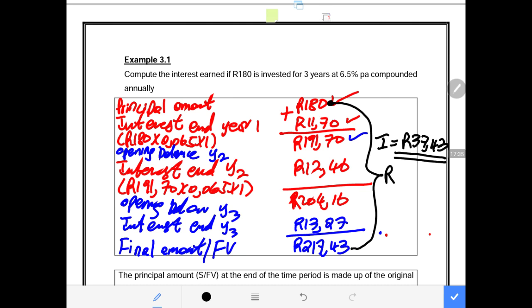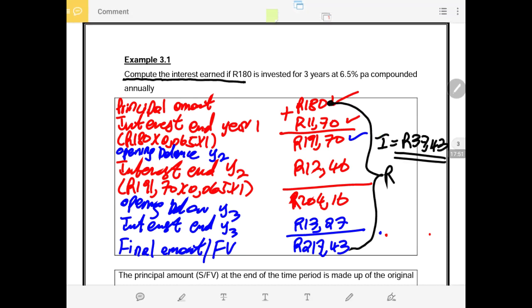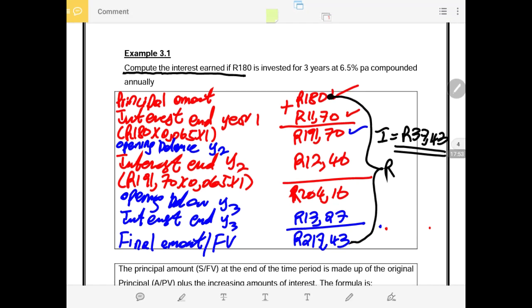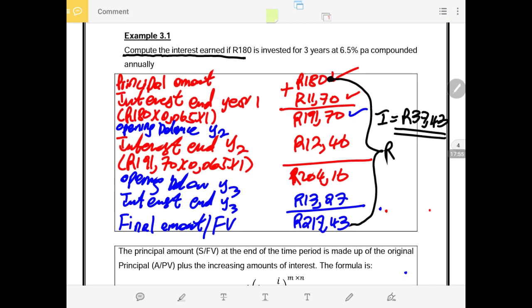Now this is exactly what we are required to calculate: the interest earned if 180 is invested for 3 years at 6.5% per annum compounded annually. It's not always the case that you will be required to calculate only interest at the end of the investment period.